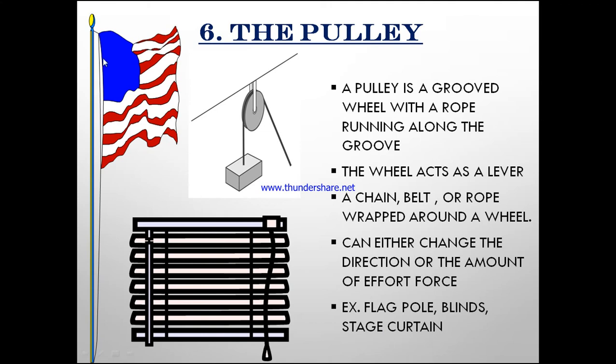Also here you'll find the rope fixed on the flag, and when you pull the rope down, you will find the flag raise up. So this is a change in the direction of the force. And also, according to these blinds, when you pull the rope down, the blinds just move up. So the change in the direction of the force is down and this is up.